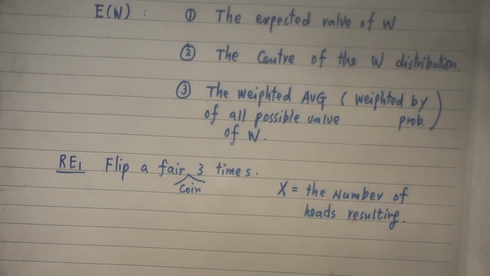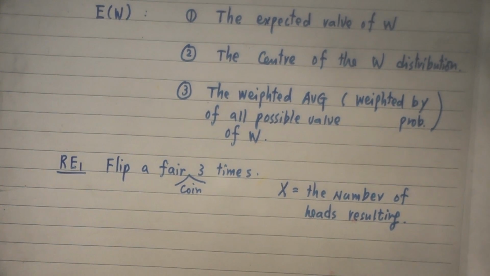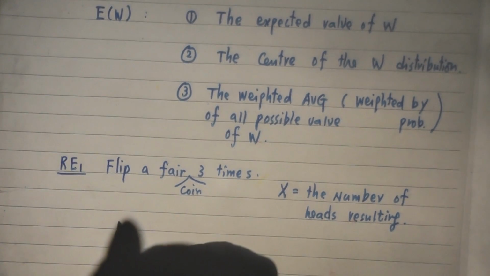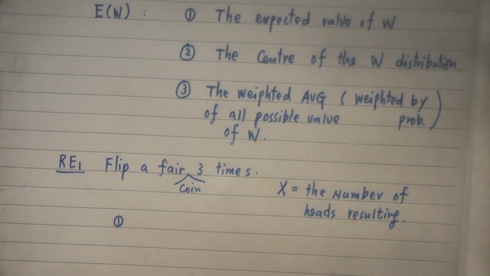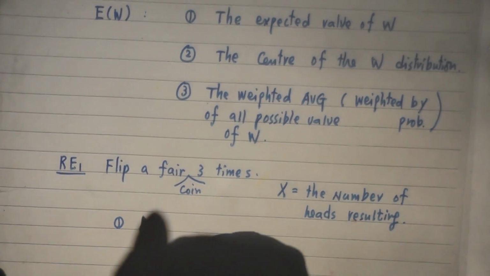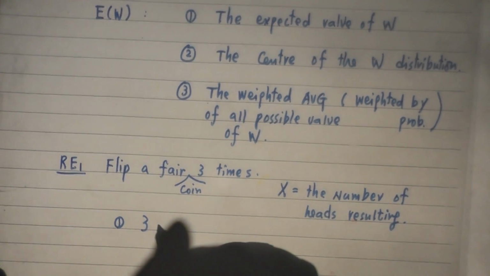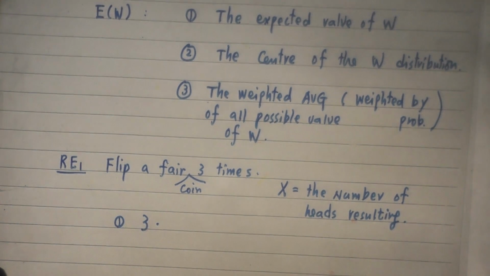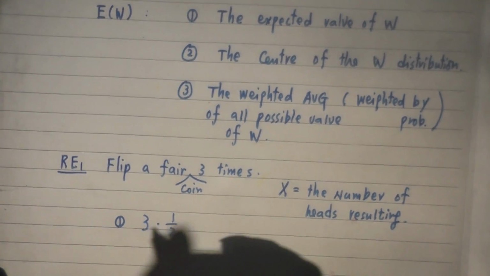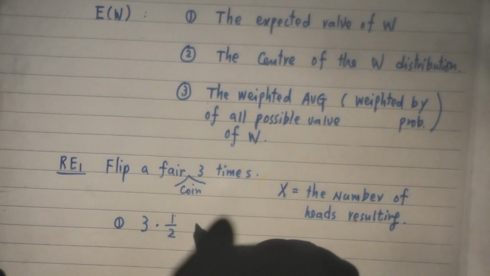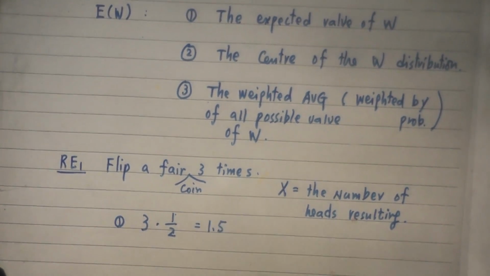When you flip a fair coin 3 times, how many heads do you expect to see? N is 3, and each time you have a 50% chance of getting a head. So 3 times 1/2, you expect to see 1.5 heads.